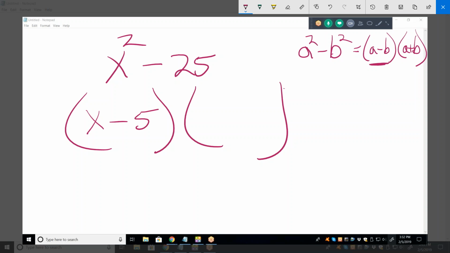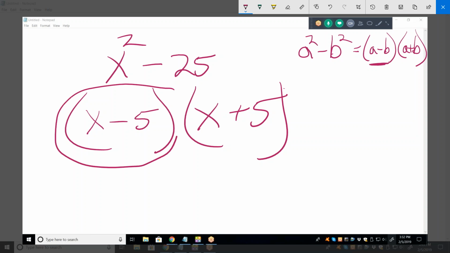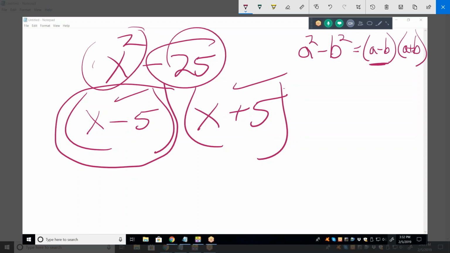No. The same two things, only a different sign. In other words, when you are factoring difference of perfect squares, you do this first. Once you get that, this is automatic. And the way you get this first term is you take the square root of that and you take the square root of that. It's that simple.